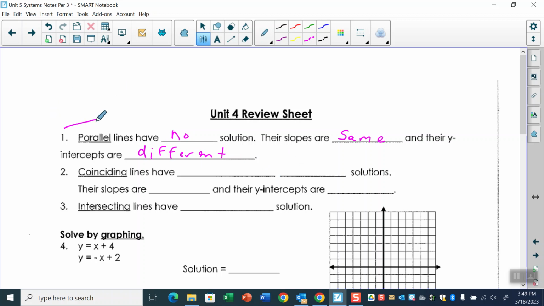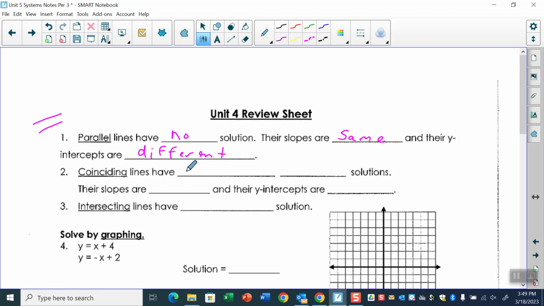Okay, parallel is like that. Oops, those are not good parallel lines. Okay, parallel lines have the same slope but different intercepts, and so they don't intersect, so there's no solution.